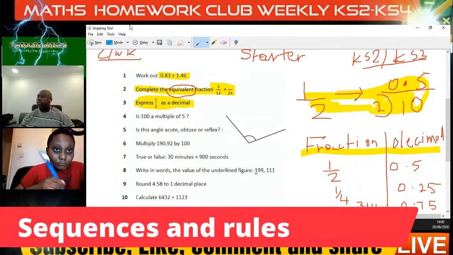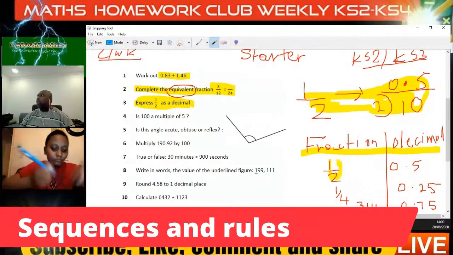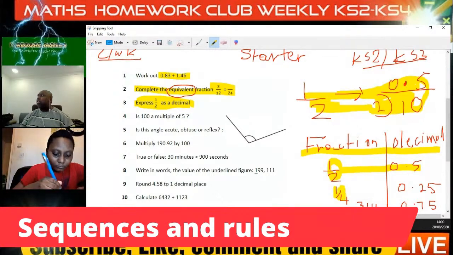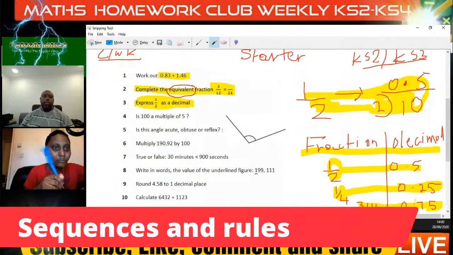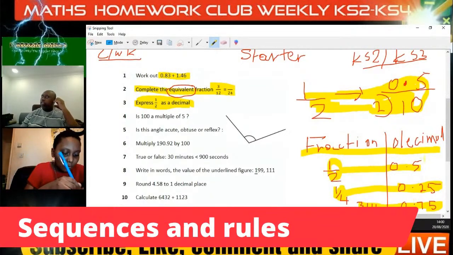Okay. So this here is equivalent to this. This here is equivalent to this. And this here is equivalent to this. Yep. Decimal, fraction.